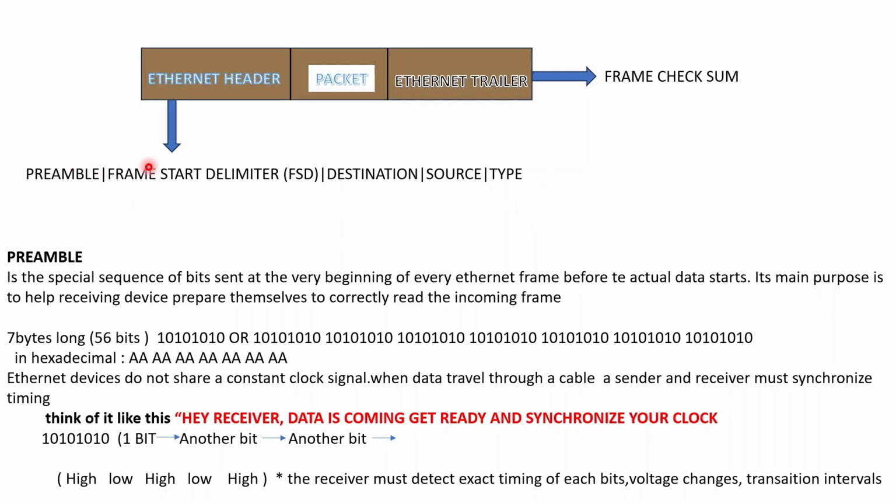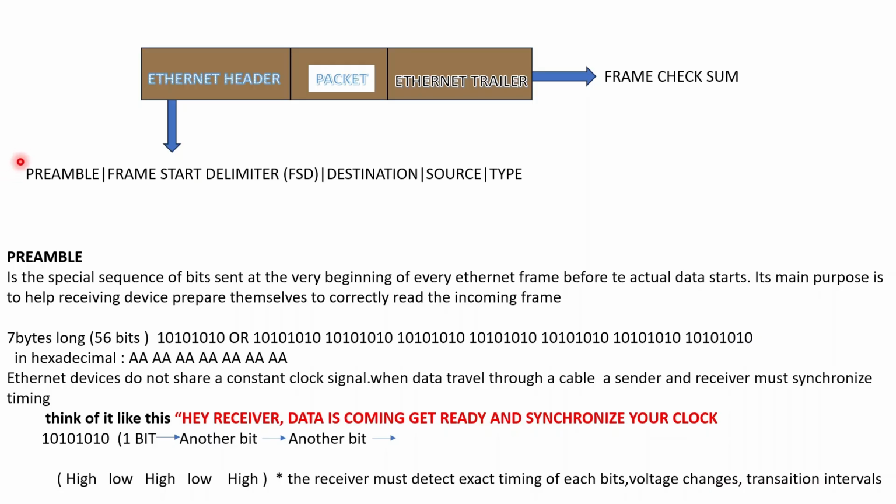The preamble pamoja na frame start delimiter are not the actual part of the Ethernet header. Just stay tuned, nitakwenda kuelezea very soon why they are not part of the Ethernet header. The reason why nimeziweka hapa the preamble and the frame start delimiter is just for doing the discussion.